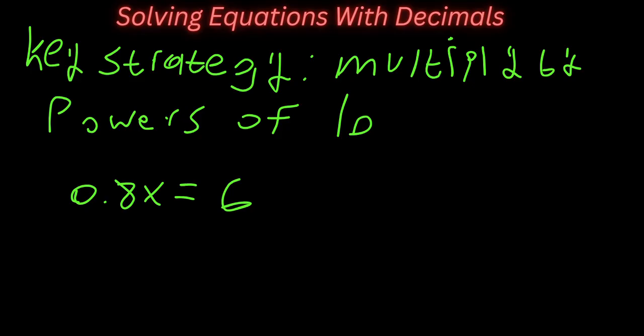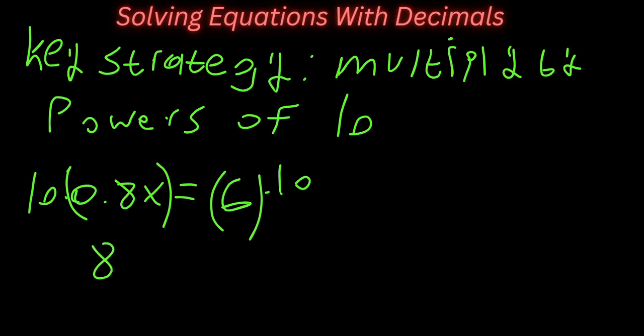And what you need to think about is if I multiplied by 10 or 100 or 1000 or any of those numbers which are powers of 10, I could accomplish something. Multiply by 10. Well, when you multiply 0.8 by 10, you get 8. 0.8 times 10 is 8.